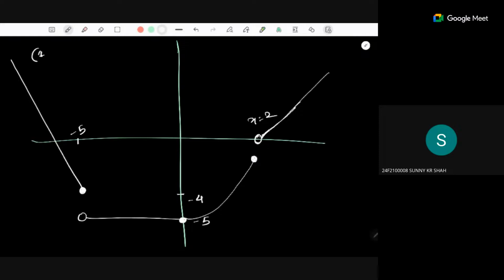The first thing is to find the limit as x goes to -5 minus of f of x. So what will be your answer? Limit as x goes to -5 minus of f of x. That means the left hand limit of the function when x goes to -5.